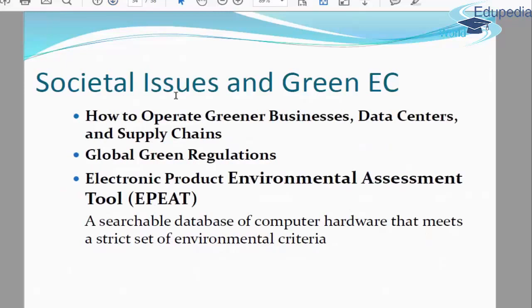How to operate greener businesses, data centers and supply chains, global green regulations. One of the main things about data centers, if you know what a data center is, it is a place where you have a large volume of servers connected together to create a storage hub or a processing hub, or for many reasons.